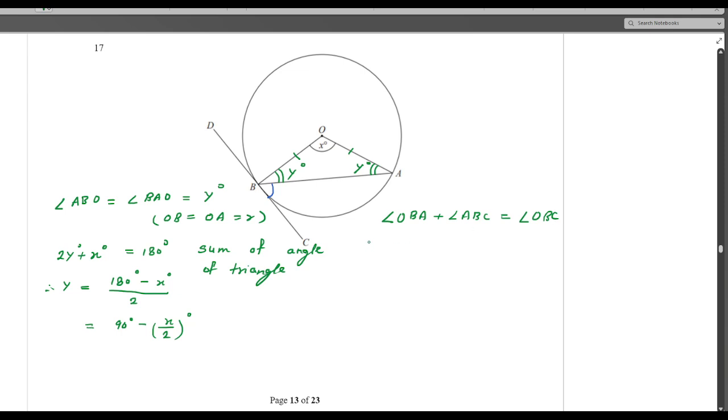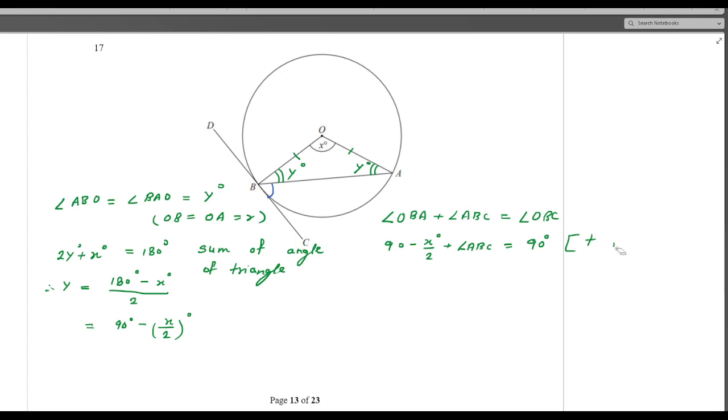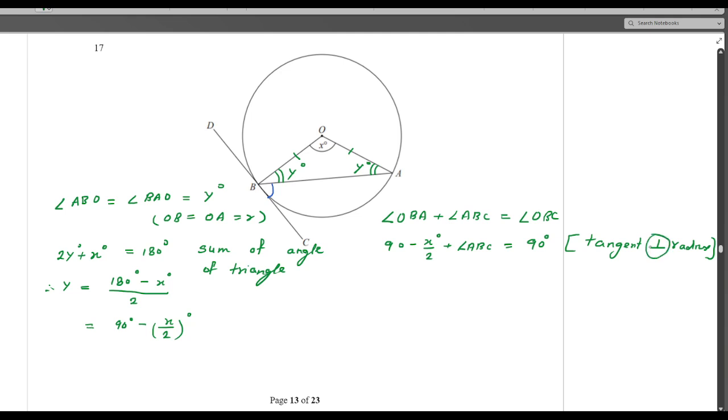So OBA is your 90 minus x degrees divided by 2, plus your angle ABC is equal to, now OBC is your 90 degrees. Here the condition is tangent is perpendicular to radius. This is the symbol for perpendicular. Perpendicular means making 90 degrees.